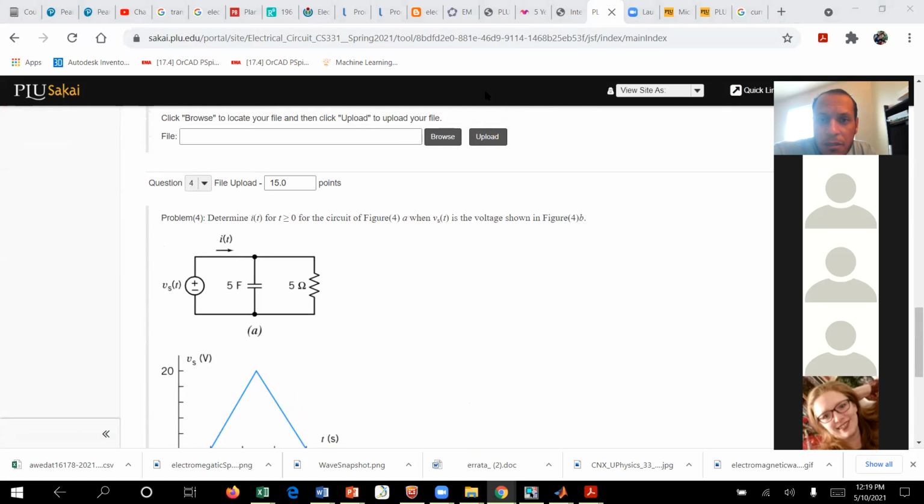Basically, i of t will be the current through the capacitor plus the current through the R. The current through the capacitor, call me the formula: IC is equal to C dV over dt. That's what I'm looking for.